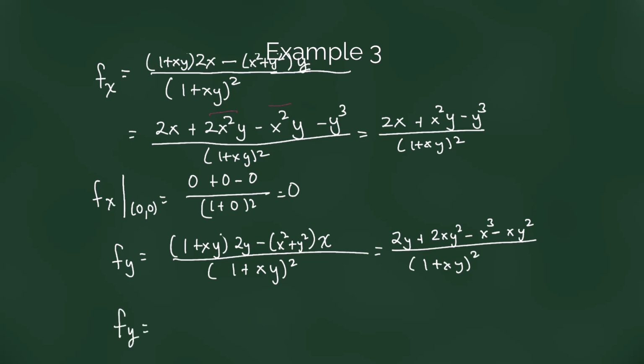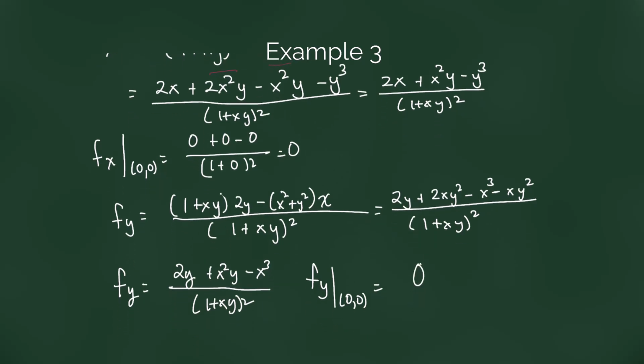And simplifying that, we get 2y plus x squared y minus x cubed all over 1 plus xy squared. And when we evaluate that at the point 0, 0, we see again pretty straightforwardly that we get the value 0.